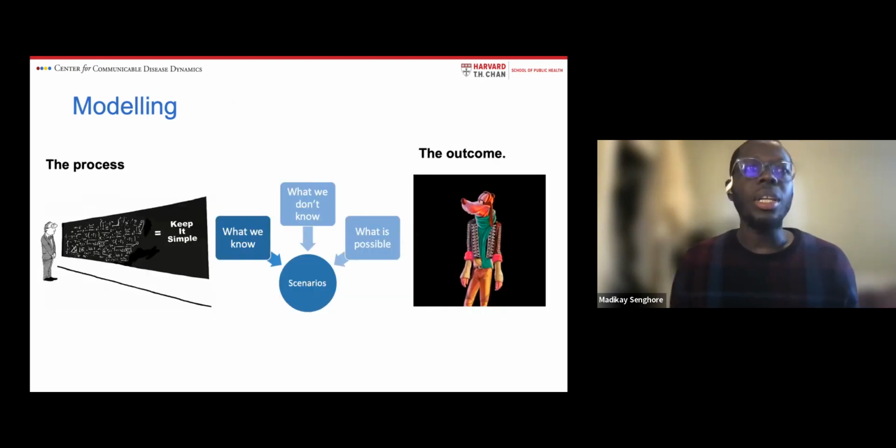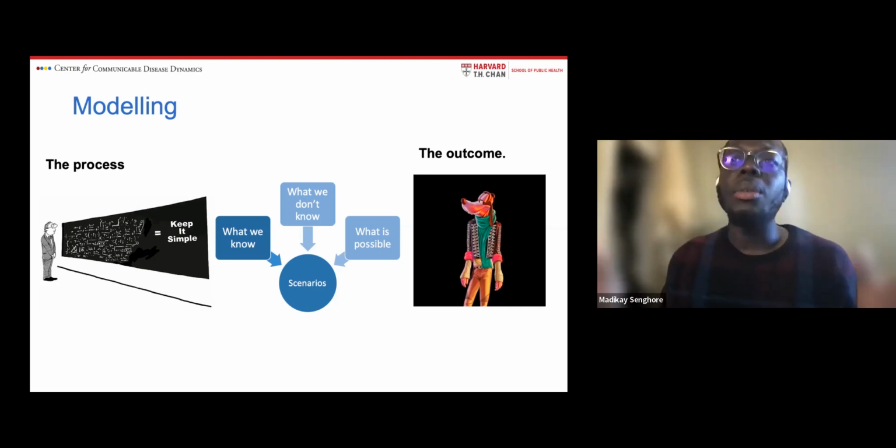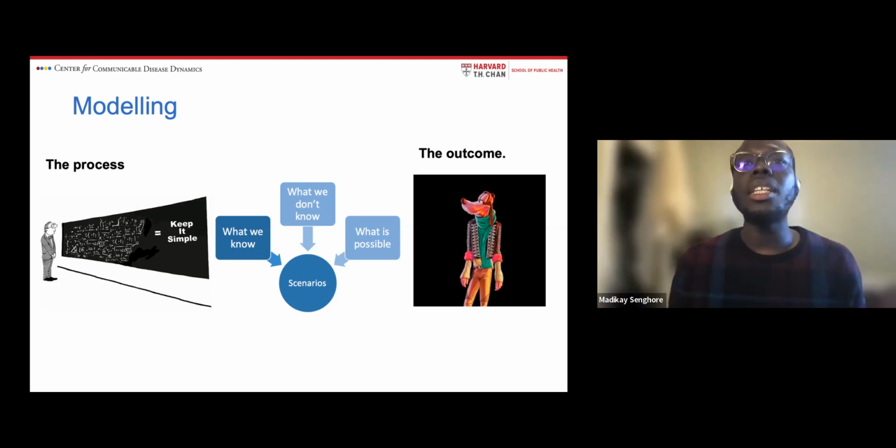So for the process of modeling, the simple rule is to keep it simple. Simple models tend to be very powerful. The more complexity you add, the more susceptible you are to variation and noise. So it's typically a process of taking what we know about a disease, acknowledging what we don't know about the disease, thinking about what is possible, and using that to create different scenarios.